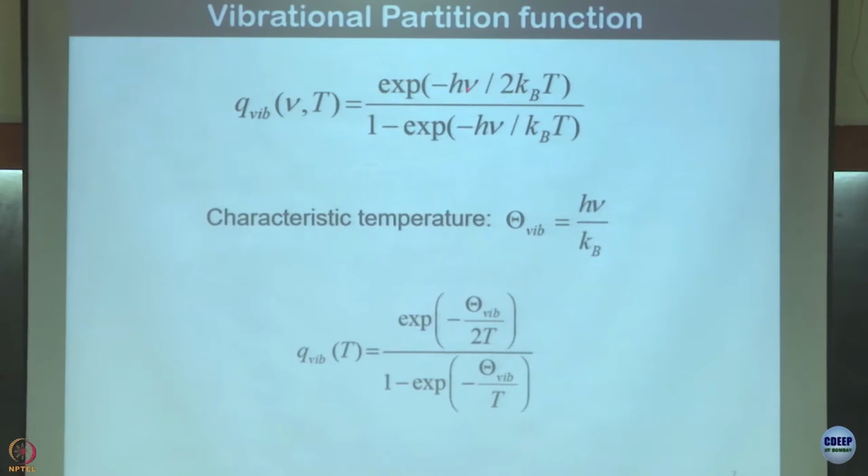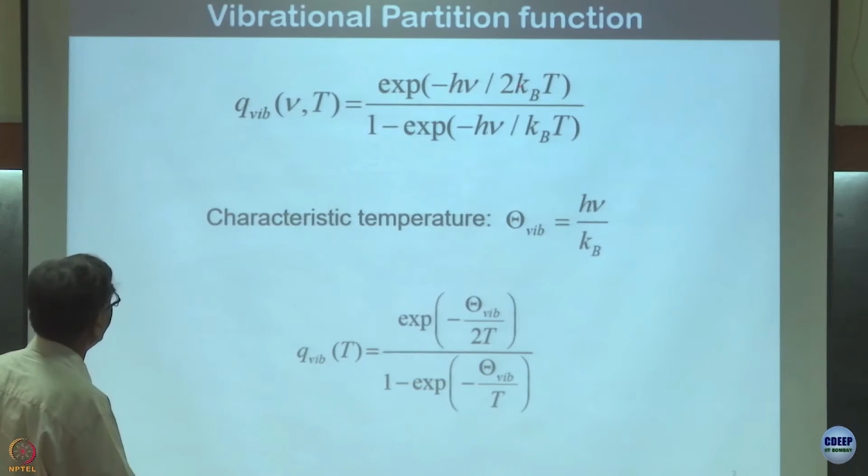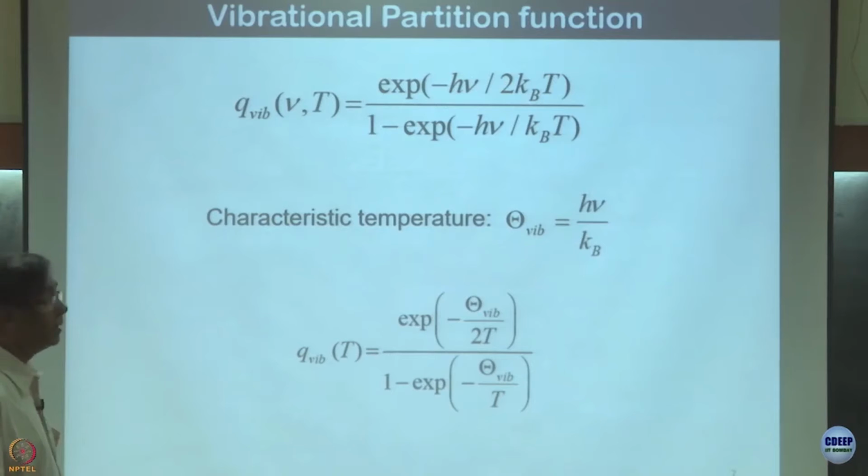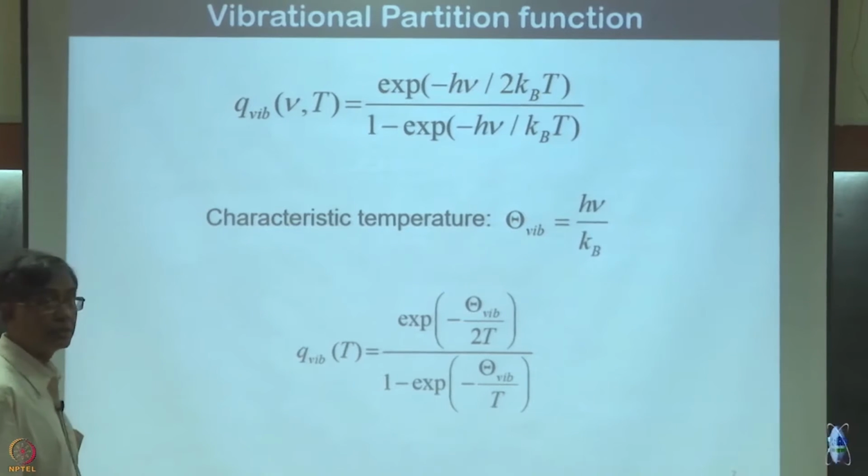Now this defines a temperature, which is also the one actually done by Debye. So now h nu by 2 kBt, this kind of game I divide by theta vibration. So I see this quantity h nu by kB has the dimension of temperature, because the exponential has to be dimensionless.